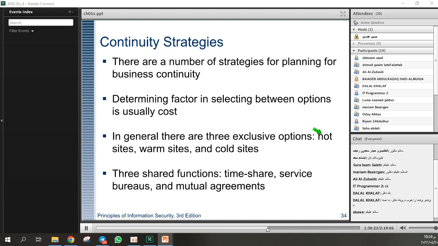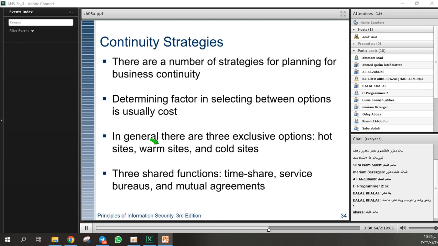Everything run in my first site must be run simultaneously on the second site. Two parallel sites doing similar functionalities. Completely parallel. It's too costly. We call it a hot site.